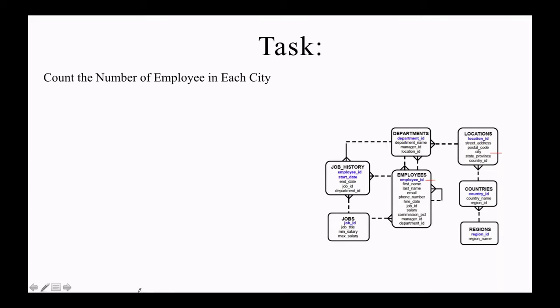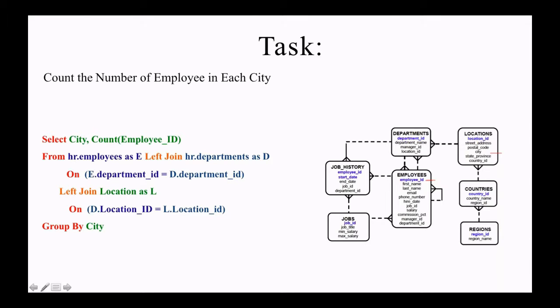I think it's basically a join between three tables, and it's not really easy. So the answer is you need to do select city, count employee ID. Now that's easy. And another thing you need to do is group by city.